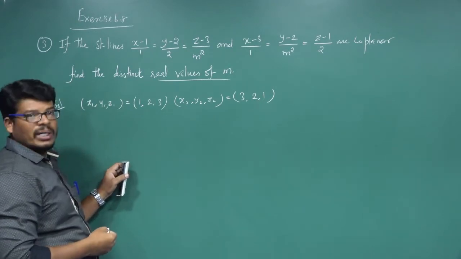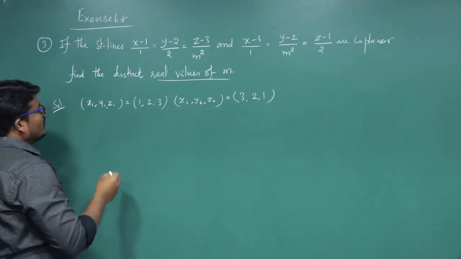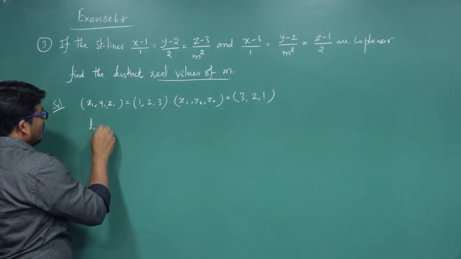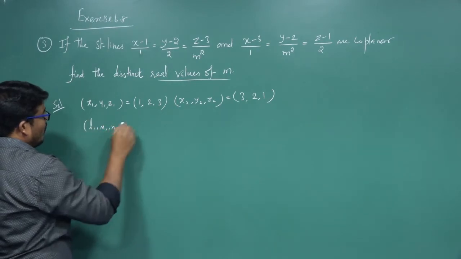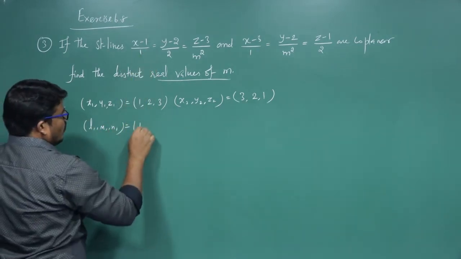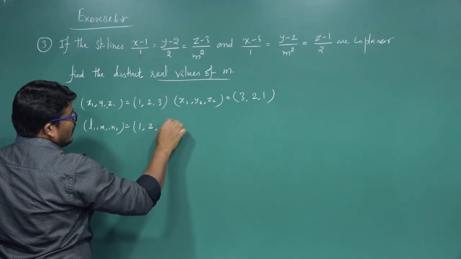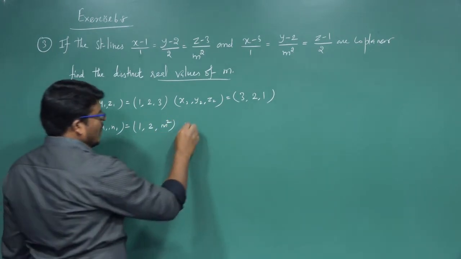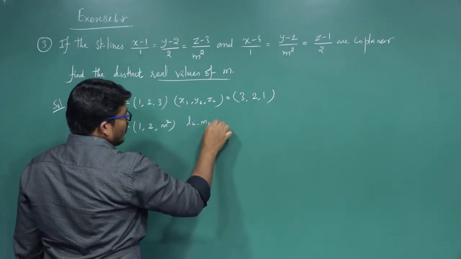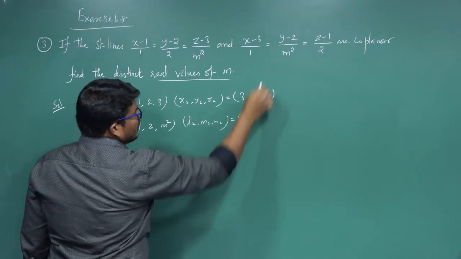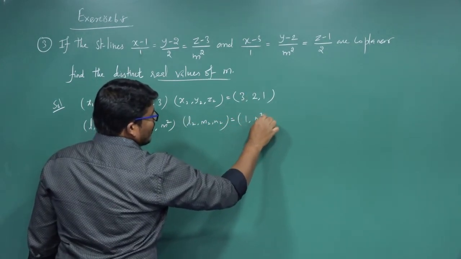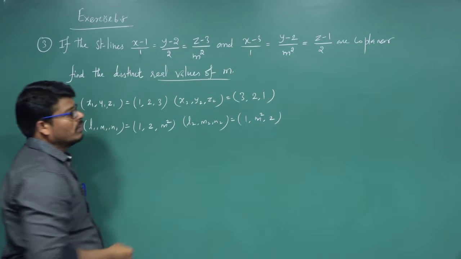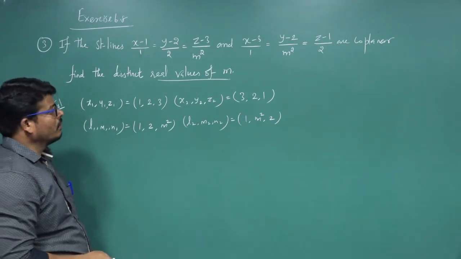Next, the direction ratios: L1, M1, N1 equal to 1, 2, m square. And L2, M2, N2 equal to 1, m square and 2.